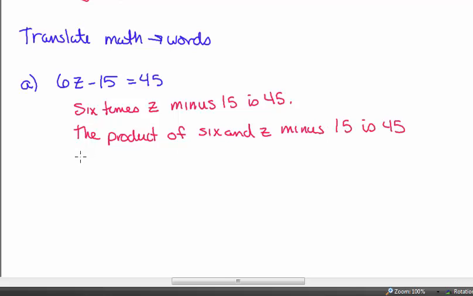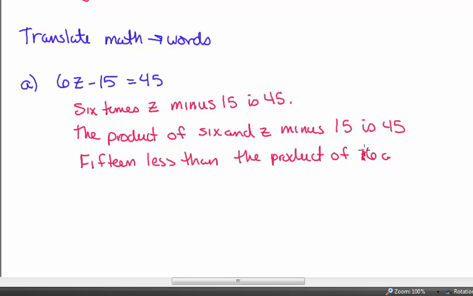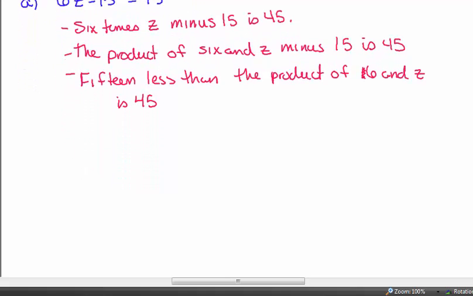I could go 15 less than the product of 6 and z is 45, and there's probably even more. That's just 3 possible ways that you could turn this into a sentence. Again, you only have to give me one correct. You don't have to give me every correct possibility. Let's try another one. y squared plus 3x equals w.